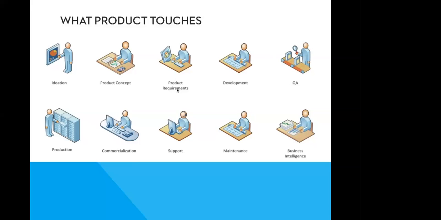So you'll be dealing with products, other product managers, commercialization, which involves the other stakeholders like business and C-suite people, support, customer service support. You'll be involved with them because you would have questions coming from that arena. There could be support tickets.